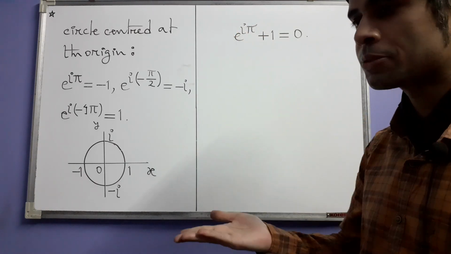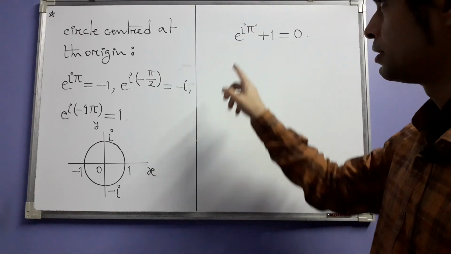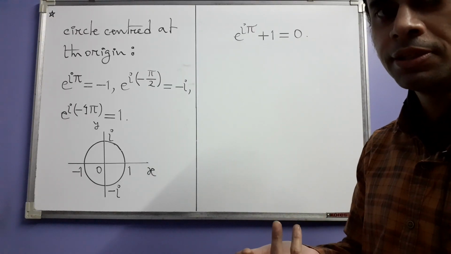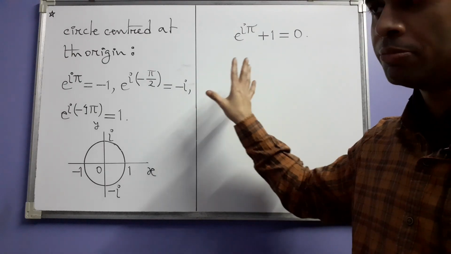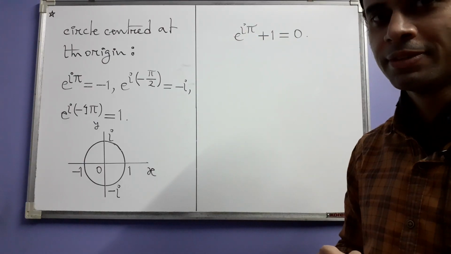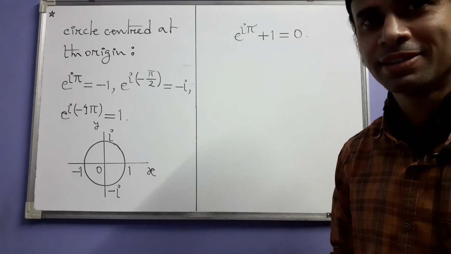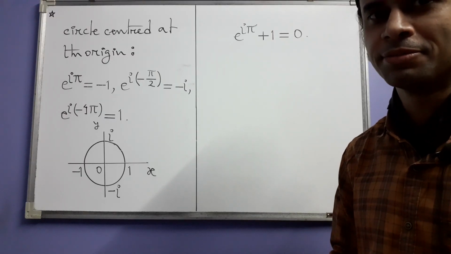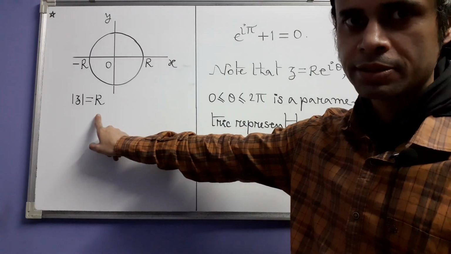This is just cos pi plus i sin pi. Cos pi is minus 1 and i sin pi is 0, minus 1 plus 1 is 0. So things look very mysterious and interesting once you don't know the meaning. Once you know the meaning, the mystery just simply vanishes. The magic is gone.